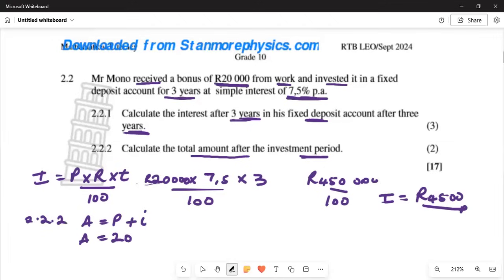So you add 20,000 and the interest of 4,500. That equals 24,500. You get your marks.